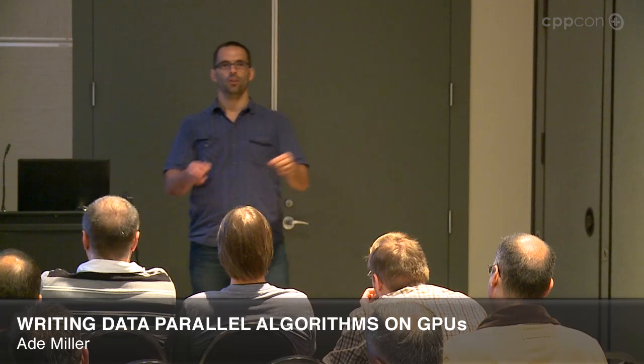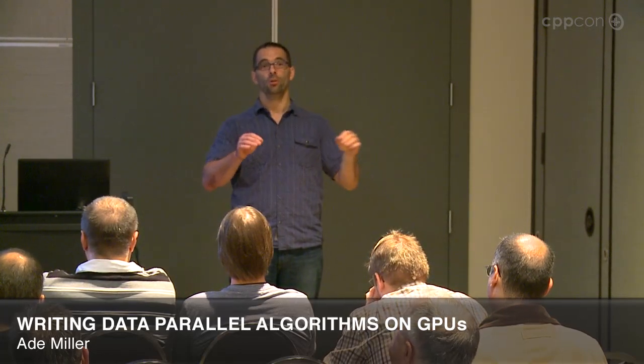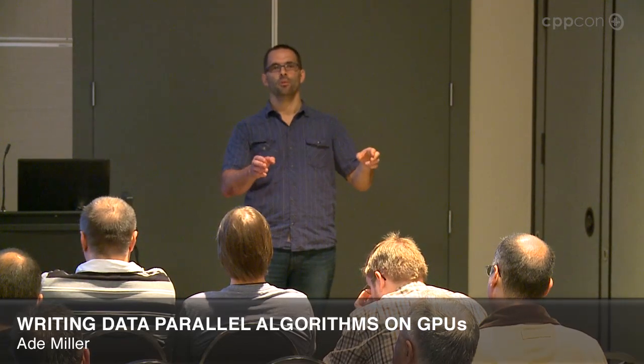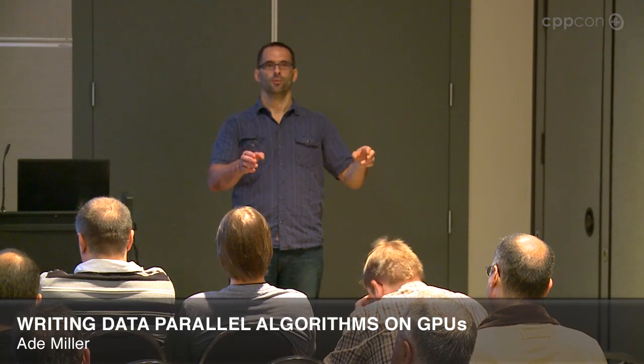The problem occurs when some of the threads execute the conditional and some do not. The threads that do and the threads that don't still have to wait, so they're no faster, whereas I could have had all these threads off somewhere else where the warps were just going through much, much faster. Is that clear? Yeah.